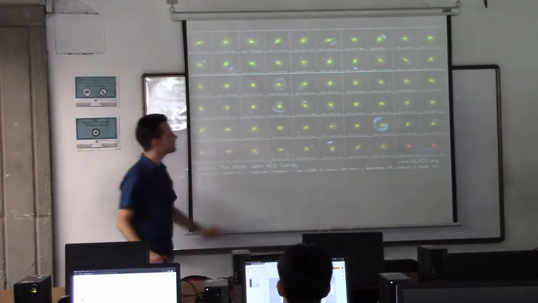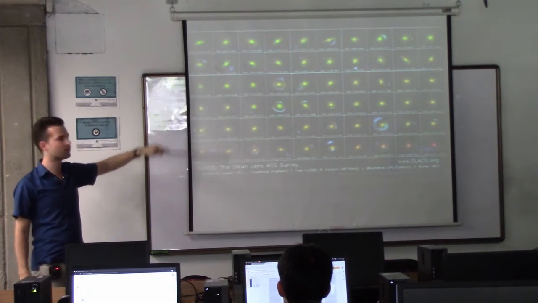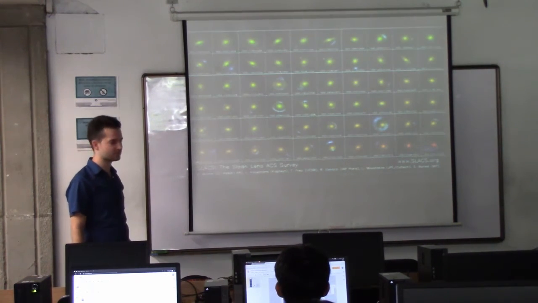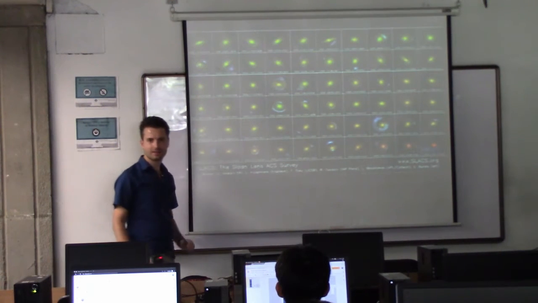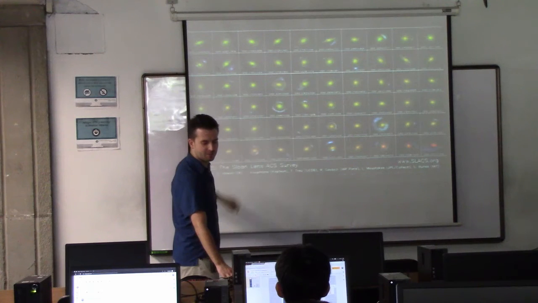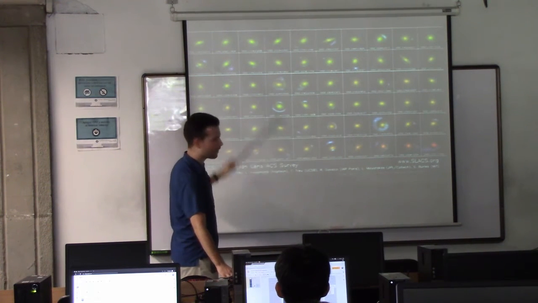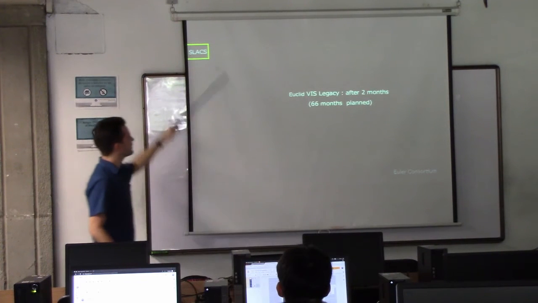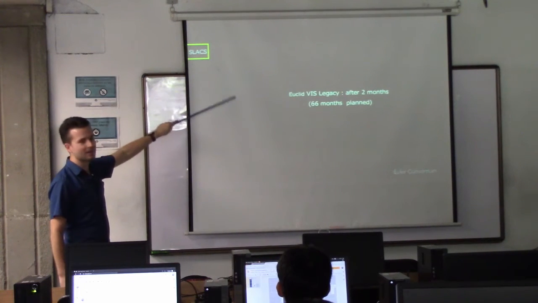Just to put this in context, this is a SLAC sample we'll talk about tomorrow. 60 to 70 lenses found in the SDSS survey, which took like a couple of years to follow up. Keep this sample size in mind. This is the SLAC sample size. Okay, you can't see.